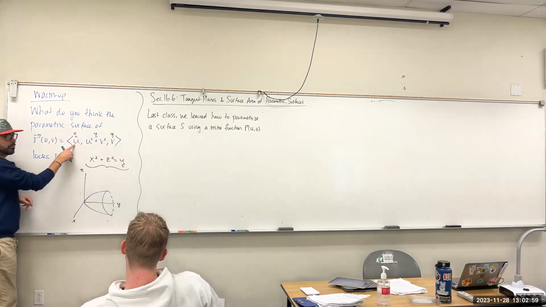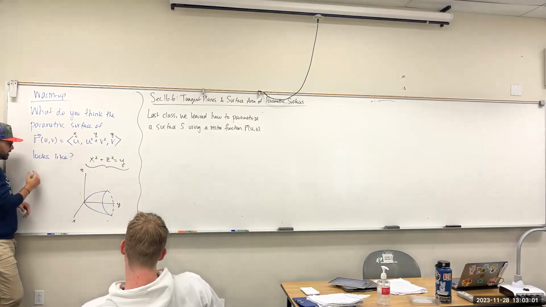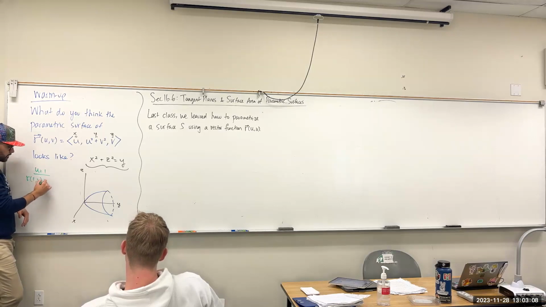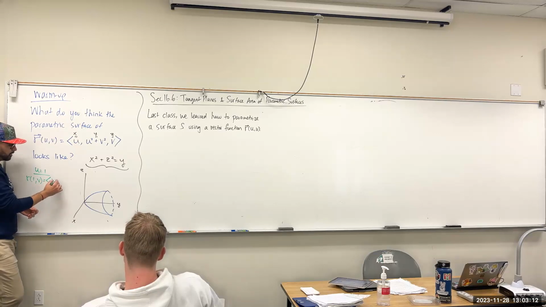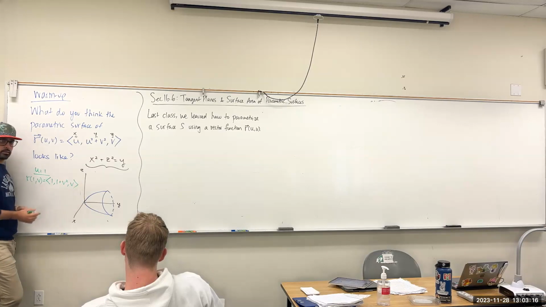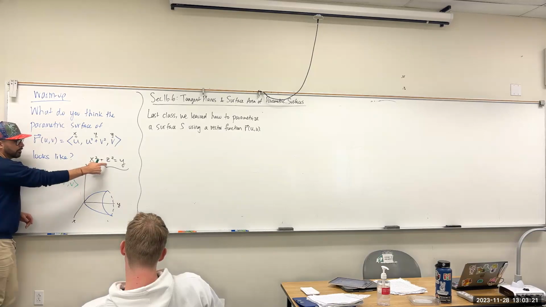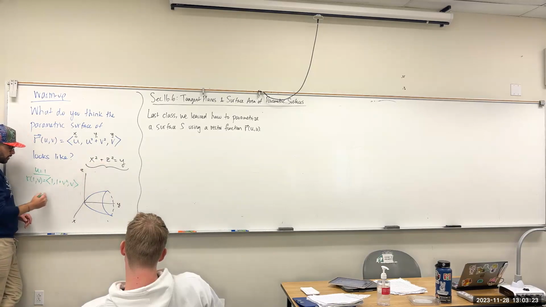So for example, if we fix one of the u's, let's say I let u equal 1, then this vector function is going to become 1, 1 plus v squared, and v. And so notice, if we go off of what Kevin was mentioning, we're going to have that y is equal to 1 plus v squared, if v is equal to z.